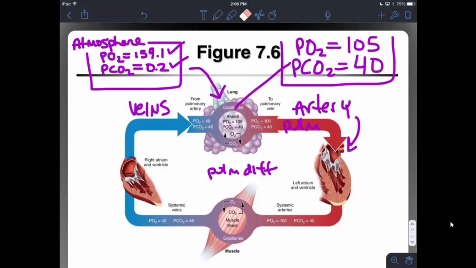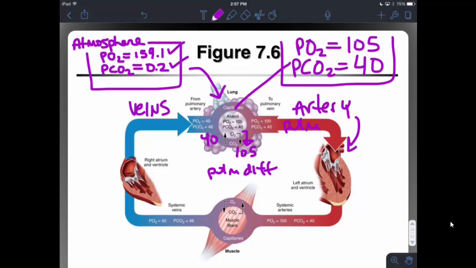When we look at oxygen coming in, we have a PO2 of 40, and the PO2 is much higher in the alveoli, which is going to drive oxygen in. And so the oxygen is going to rise in the capillary until it gets to 105. Once the PO2 in the blood is 105, you have no more gradient, and without a gradient, there isn't going to be any more oxygen coming into the blood.